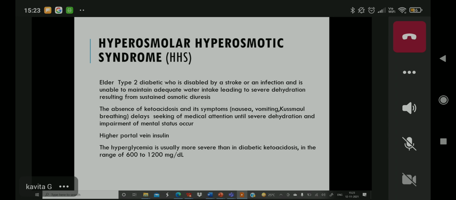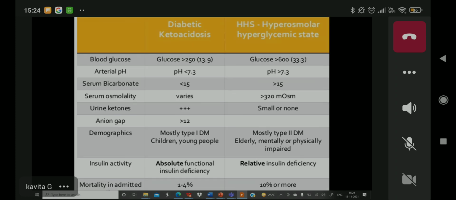So there's severe dehydration because so much osmotic diuresis is happening and he's not able to compensate by taking fluids orally. Because of all this, there's an absence of ketoacidosis and its symptoms. The patient has delayed seeking medical attention, and the hyperglycemia in this case shoots up even more, so your blood glucose is like 800, 900. Now look at this chart, this is the master chart.